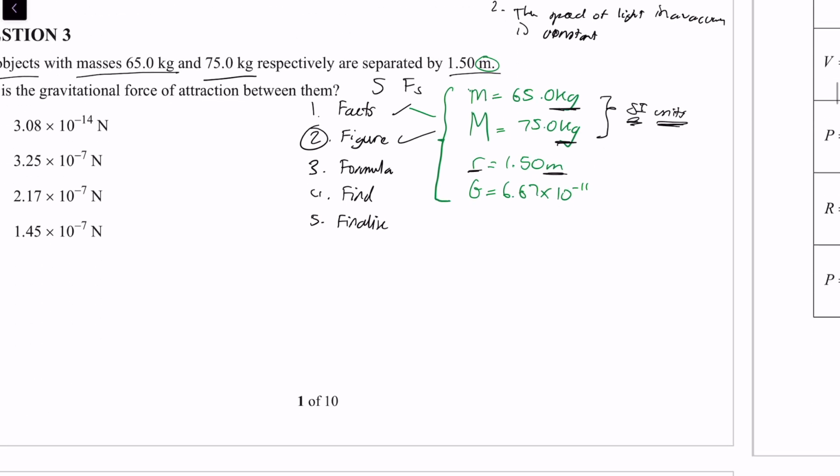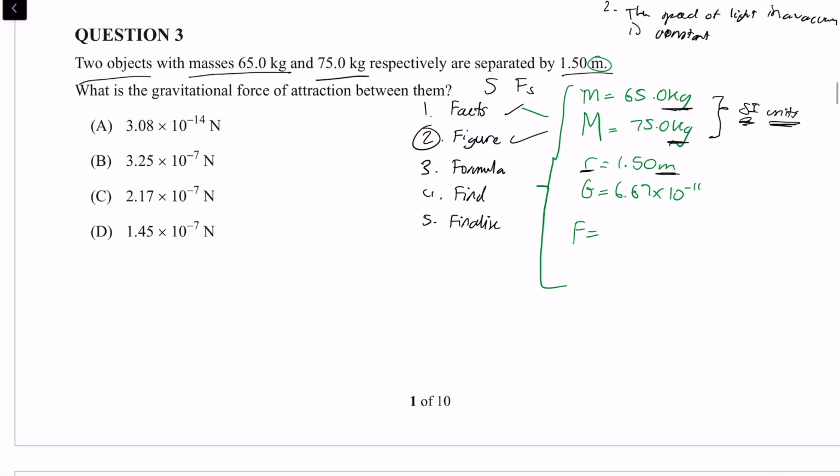We're also trying to find what F is, because I know that gravitational force in the glossary of physics, QCAA syllabus, in chapter 6, the symbol for that is capital F, and the SI units are going to be newtons.